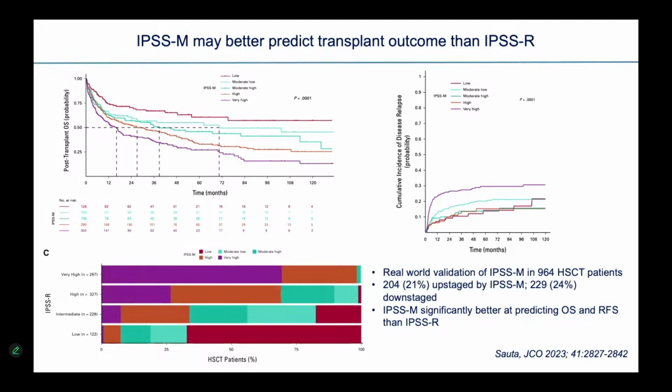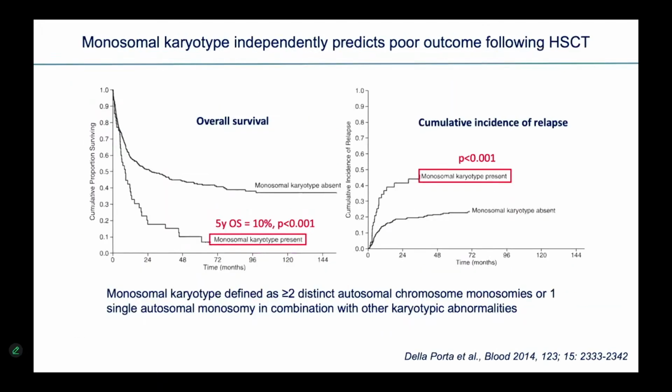We know that from the original data set that the IPSSM was developed in, and in a real world validation of the IPSSM in 964 transplant patients, 204 were upstaged by the IPSSM and 229 were downstaged, and the IPSSM was significantly better at predicting overall survival and relapse-free survival than the IPSSR, although you can see that there's still some degree of lack of separation at the bottom of that curve on the right.